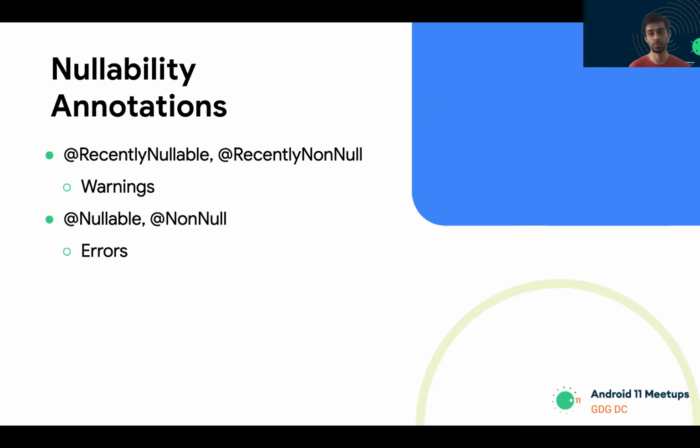You should probably fix those if you have time, because in the future they would be marked with the annotations below, nullable and non-nullable. When you send a nullable type to something that is marked non-nullable, this will generate a compile time error and your project will essentially break.